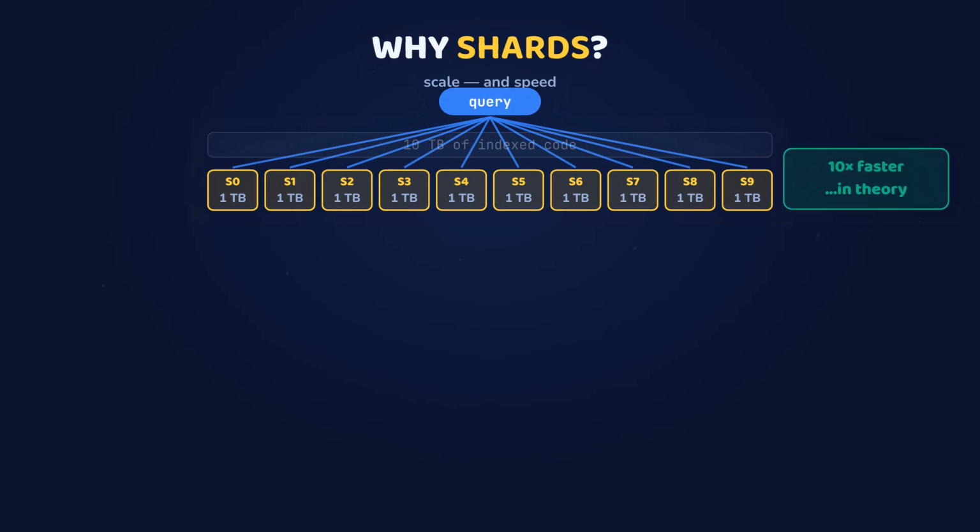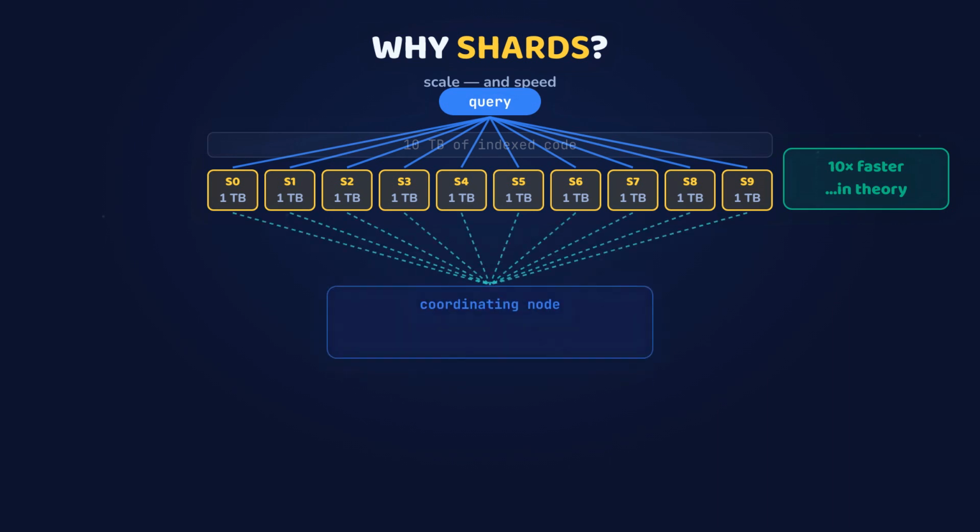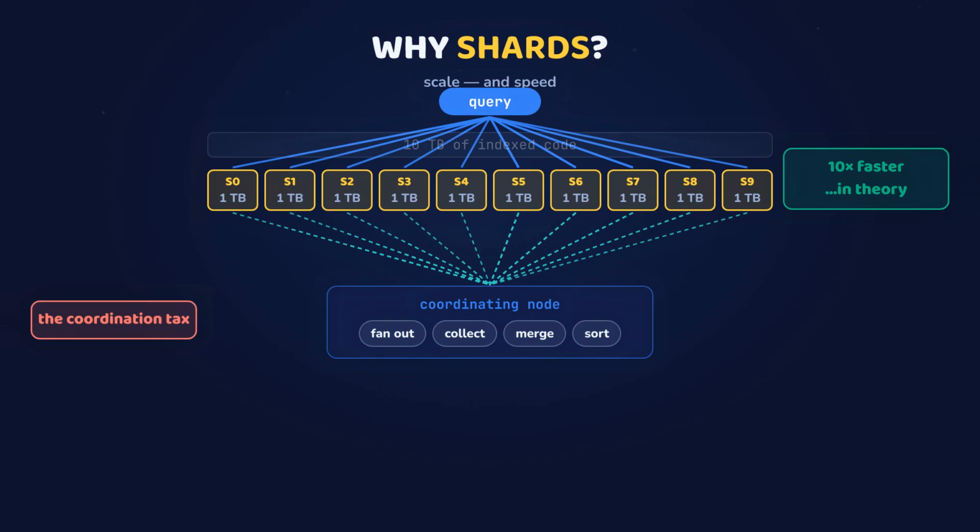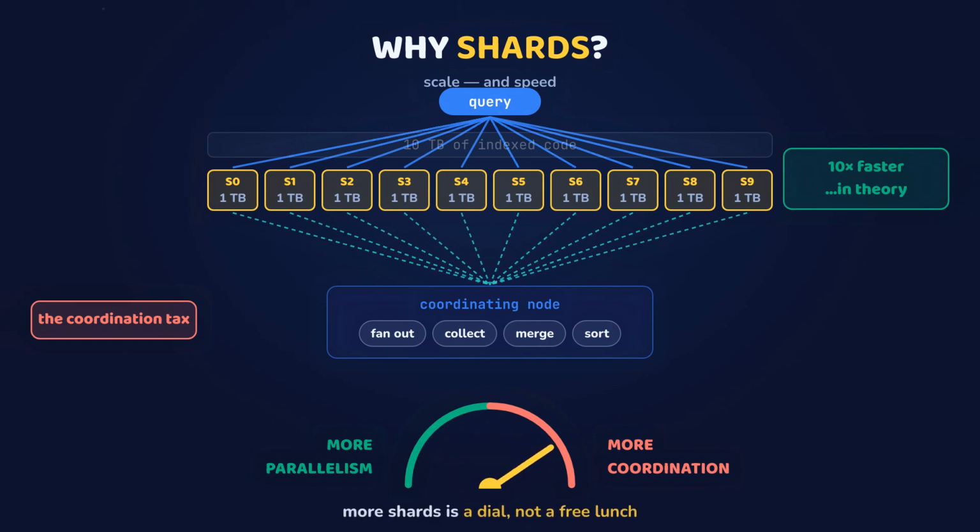In theory, 10 times faster. In practice, less. Because someone has to fan the query out, collect 10 piles of answers, merge them, and sort them. More shards buy more parallelism, but cost more coordination. It's a dial, not a free lunch.